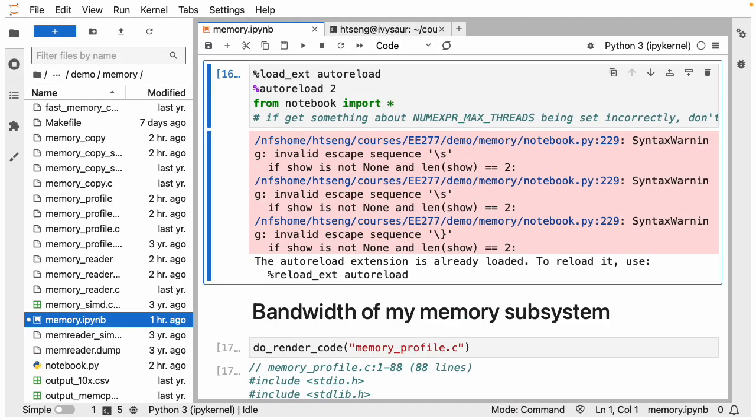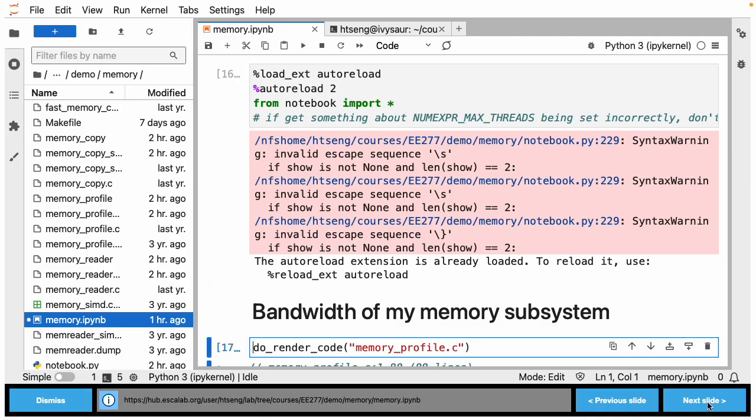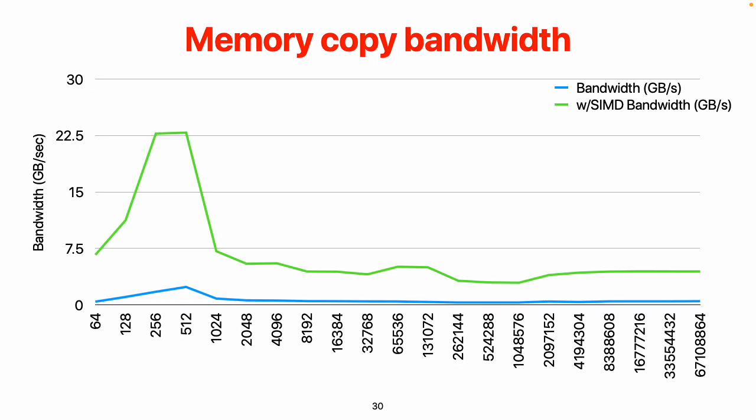So it's probably not too difficult to imagine the memcpy. But the thing is that if you look at the memcpy bandwidth that we measured, even with SIMD enabled, we are only getting like 25 at the very top, right?